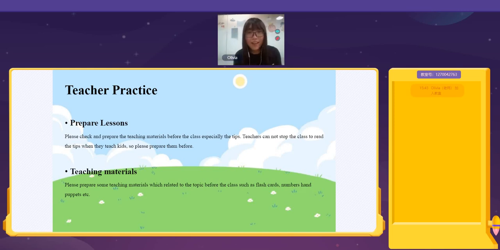Teachers can also prepare different materials by hand. Sometimes teachers prepare a star, and when they give a reward to the kids, they can say, you get a star, like this. So we prefer teachers to prepare different teaching materials before the class starts, to make the classroom interesting and fun, and it also makes the kids focus on your class.